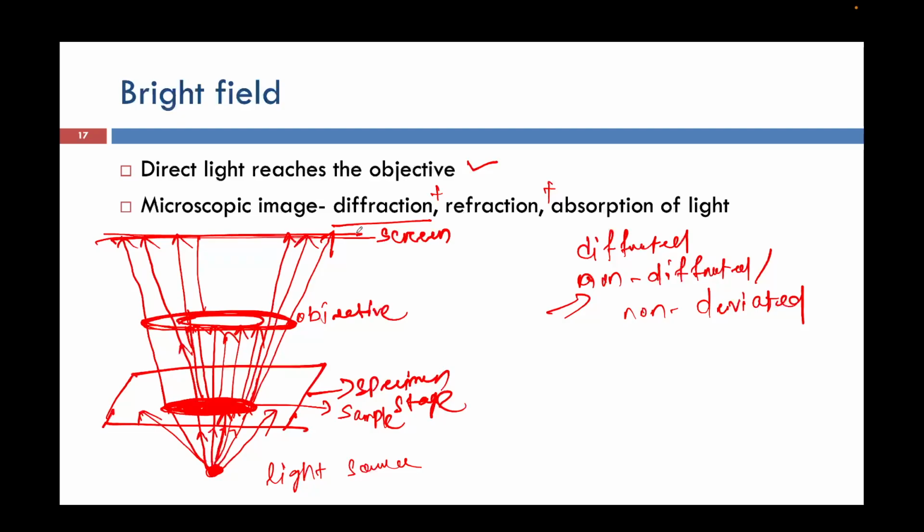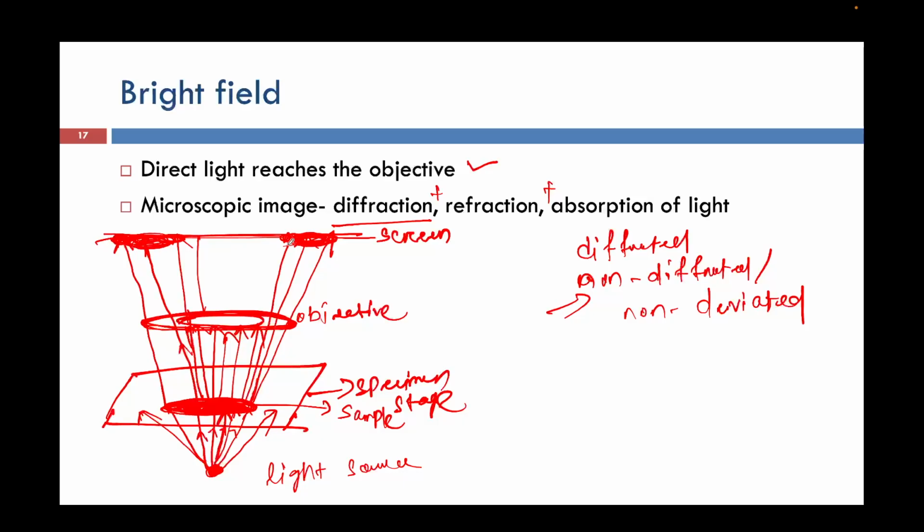I hope you understand this concept. All the rays which do not interact with my specimen but are captured by the objective will go and hit the screen directly, and all these undeviated rays will create a bright illumination on your screen.